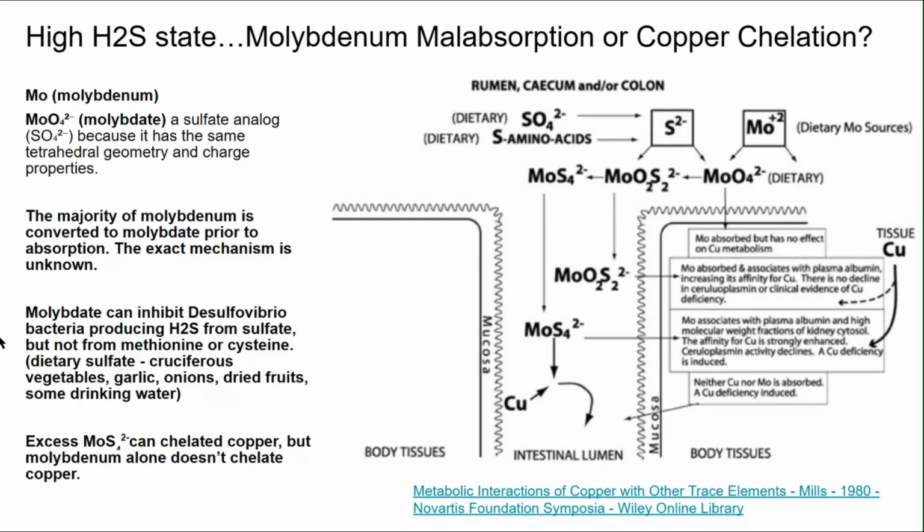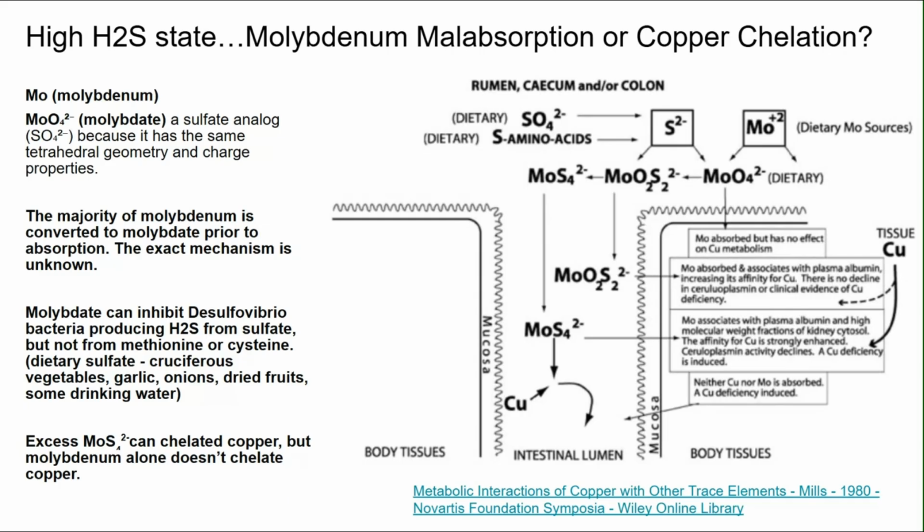Okay, so moving on. Molybdate can actually, like I showed in the previous slide, inhibit Desulfovibrio bacteria producing hydrogen sulfide from sulfate, but it's not inhibiting hydrogen sulfide production from methionine or cysteine. So even if you were to take very high doses of molybdate to try to inhibit your Desulfovibrio bacteria from producing hydrogen sulfide, you're still going to end up having some of your dietary amino acids producing hydrogen sulfide.